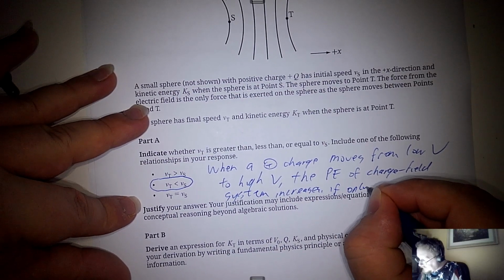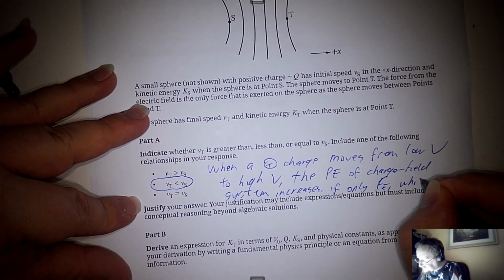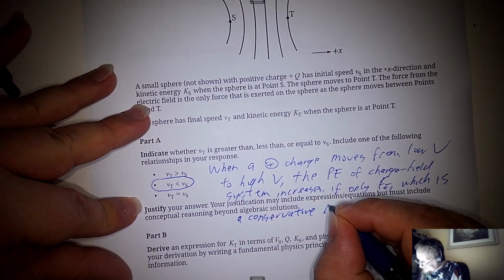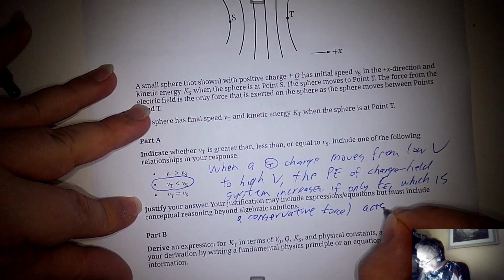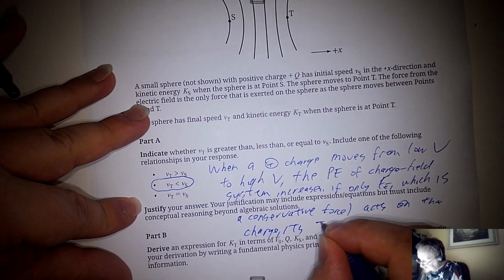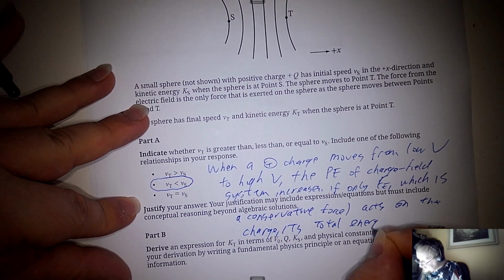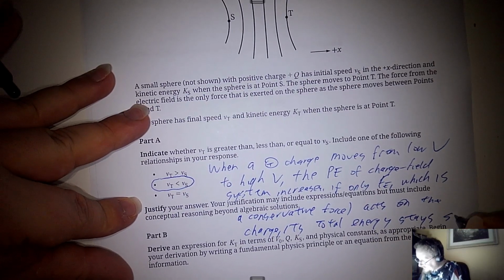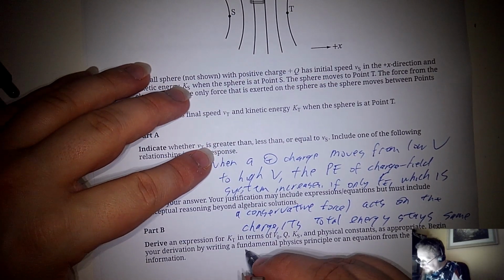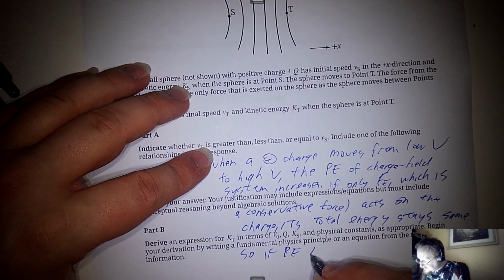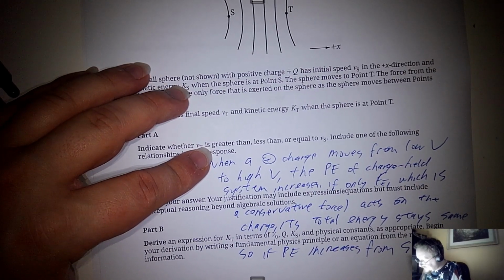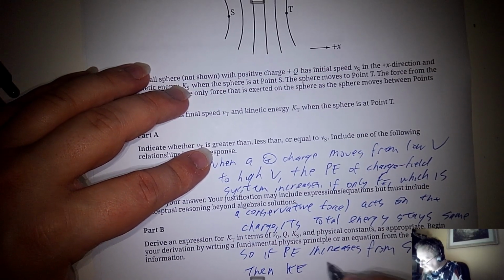If only the electric force, which is a conservative force, acts on the charge, its total energy stays the same. So if potential energy increases from S to T, then kinetic energy decreases.